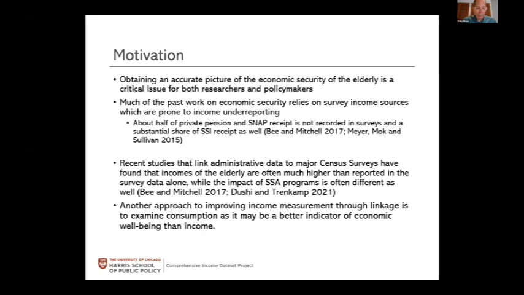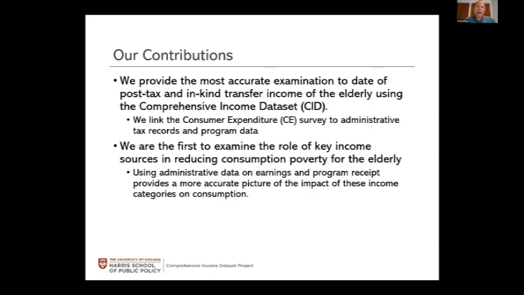Another approach to examining income measurement through linkage is to examine consumption, as it may be a better indicator of economic well-being than income, as I've argued. We provide the most accurate examination to date of post-tax and in-kind transfer income of the elderly using what we call the Comprehensive Income Data Set, or CID.